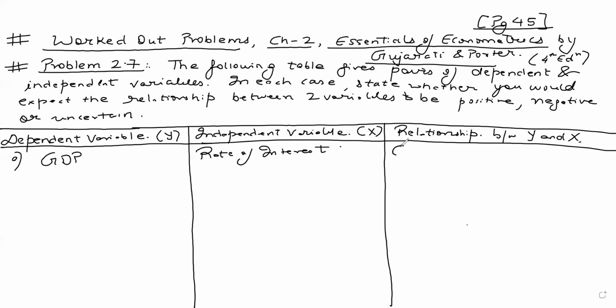All students can recall that the GDP of the economy, which we denote by Y, is equal to C plus I plus G plus NX. This is the standard macroeconomic identity. The GDP of the economy, which is also equal to the income demanded, is equal to consumption demand plus investment demand plus government expenditure, which is captured by G, plus the net exports, which is export minus import.